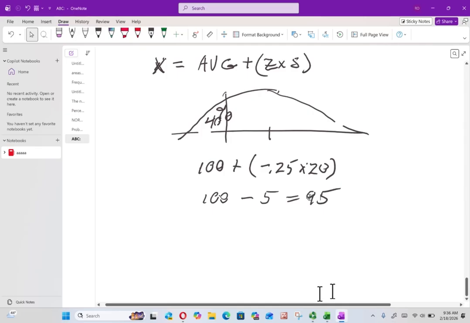The equivalent of minus 2.5 on the 120 scale is 95.